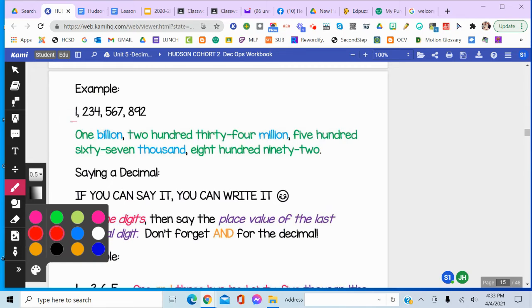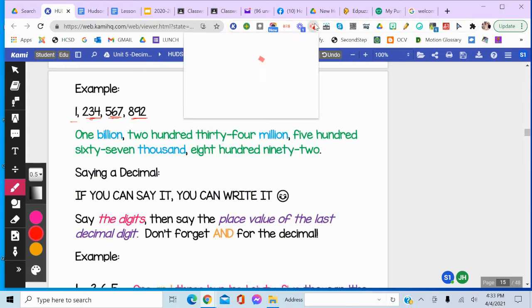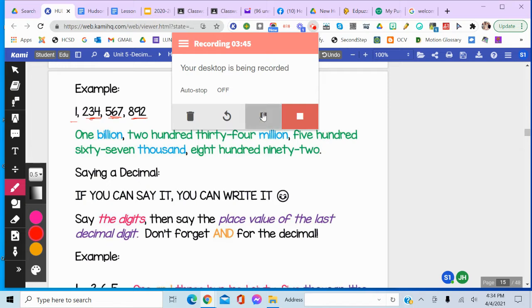So the 1 would be in a period, the 234, the 567, and the 892. We would say 1 billion, 234 million, 567 thousand, 892. You say it by period.